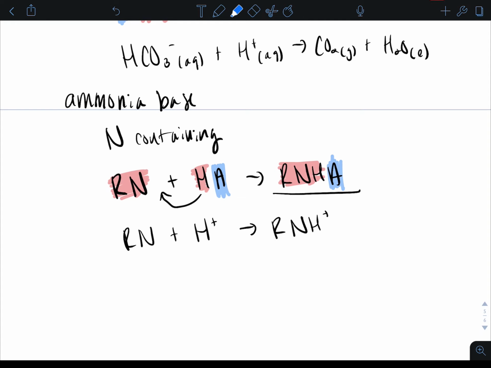So all you're going to do is attach the hydrogen onto the nitrogen, and then that's going to form this charged complex, and then the anion's going to hang out around it.